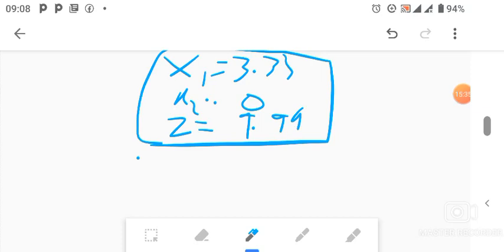So how do you branch off? That's just the trick. The variable that creates the branch is the one that is not an integer in that first box. So if you look at this first box, which one is not an integer? Excluding the z.